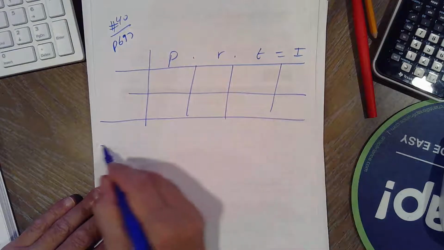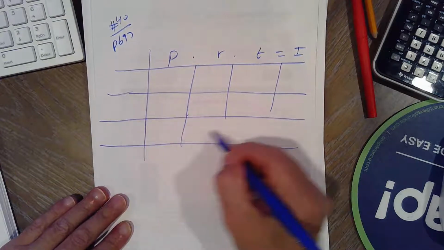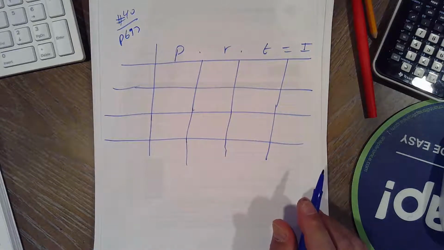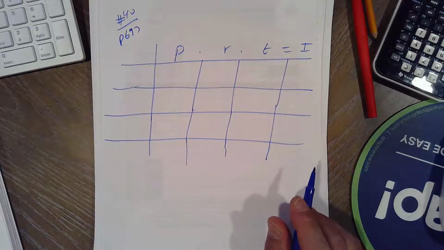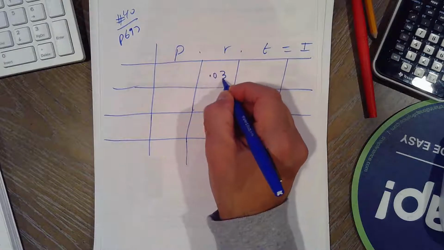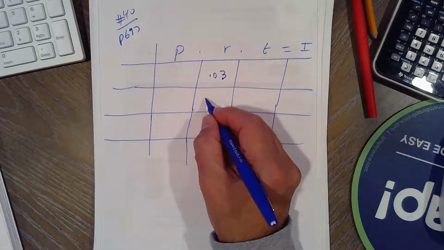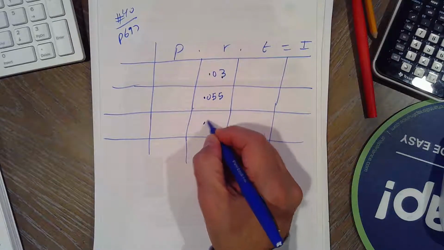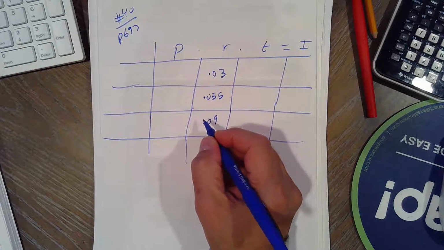There's 3 different accounts. One paying 3%, 0.03, one paying 5.5%, 0.055, and one paying 9%. Simple interest per year.